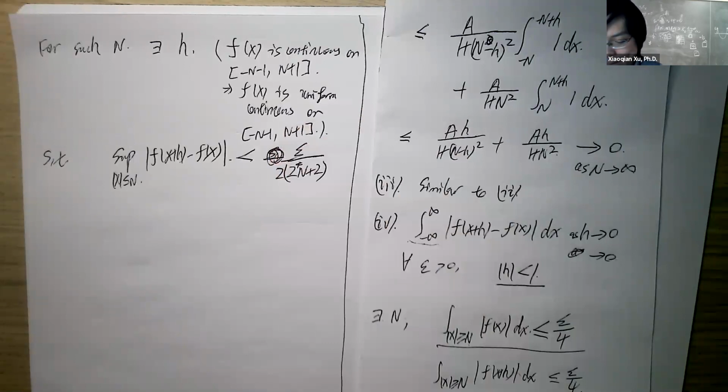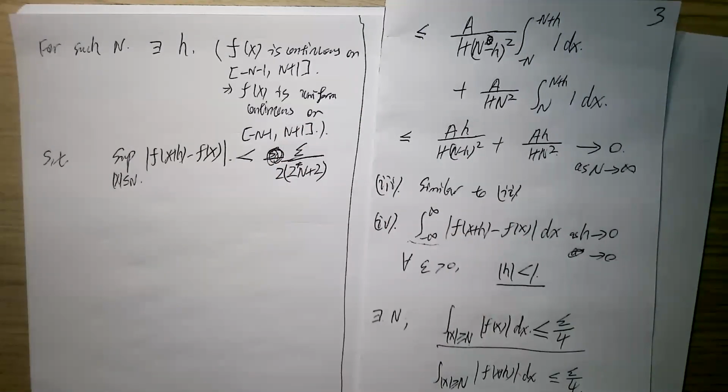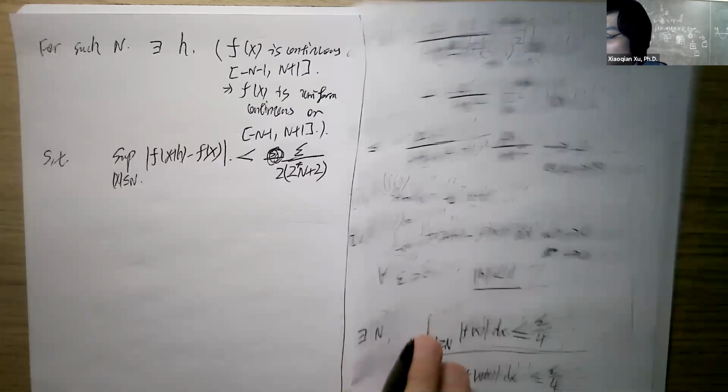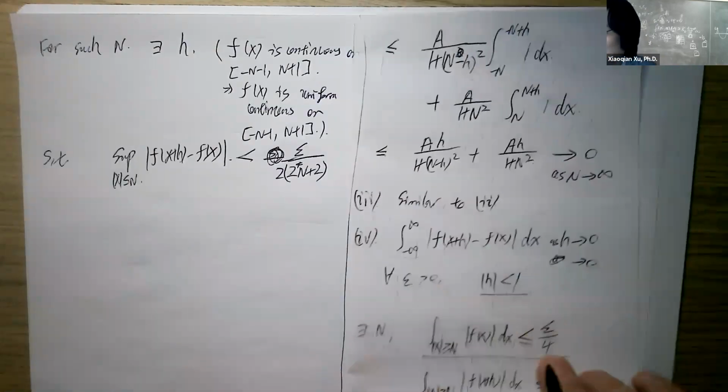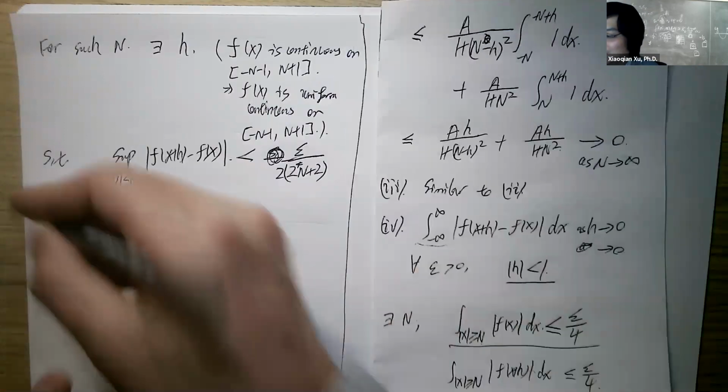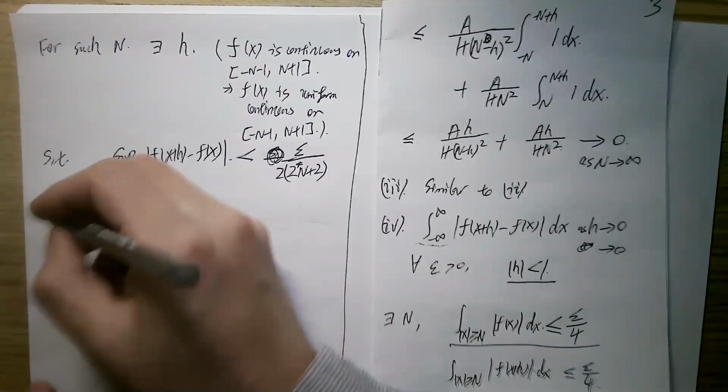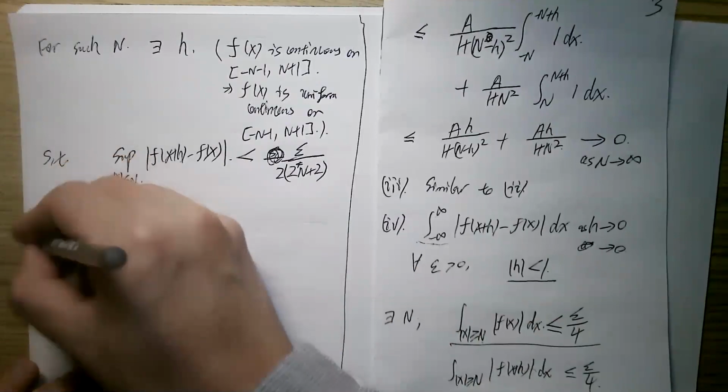Sorry, but where did we mention that f(x) is uniformly continuous? I mean just for the proof part.